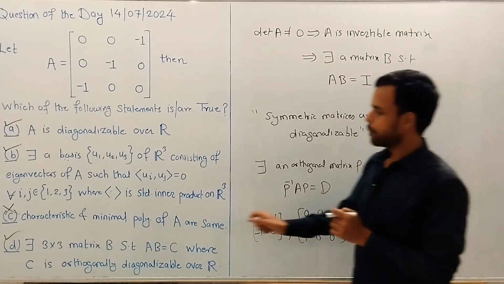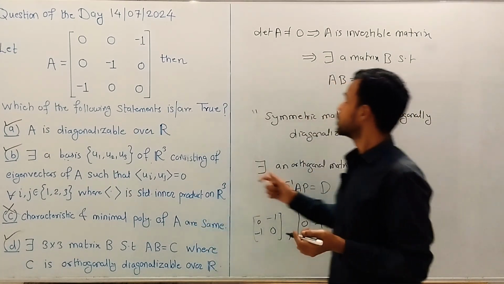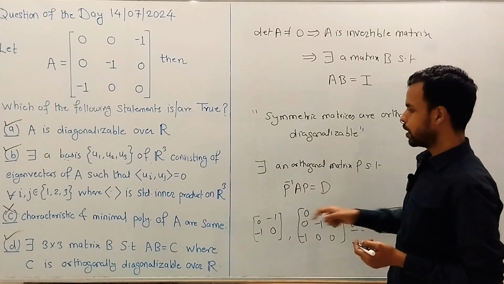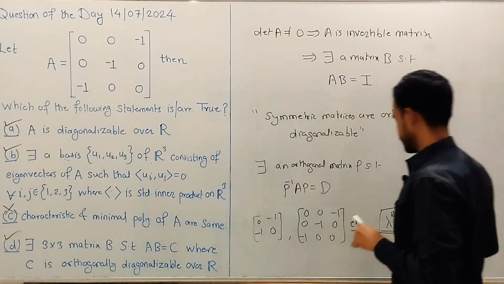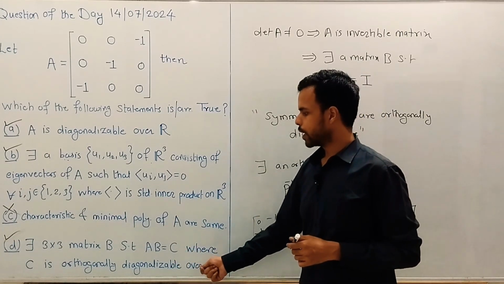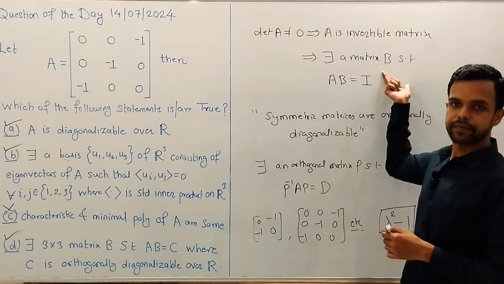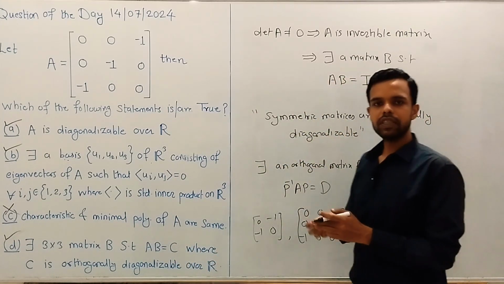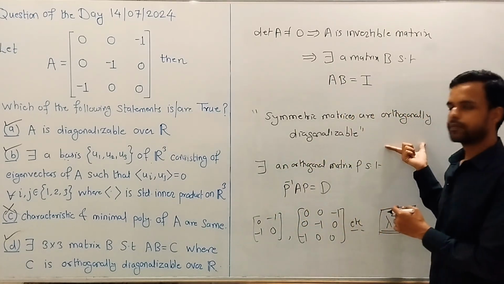So the statement in C will be incorrect because we have seen that the characteristic polynomial is something different. And clearly D is obviously a true statement as we have seen here. So we can solve this question in just 2 minutes by using this result.